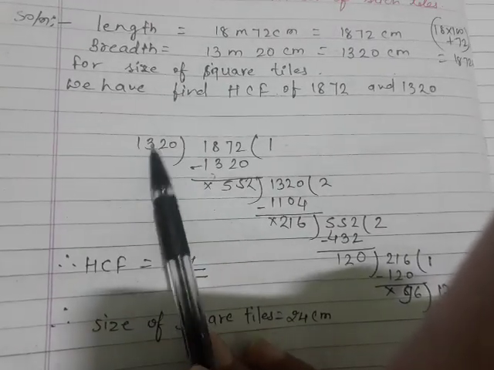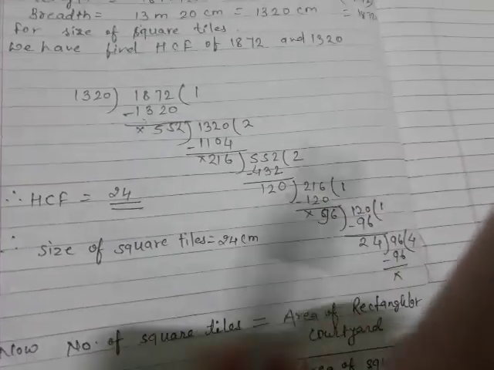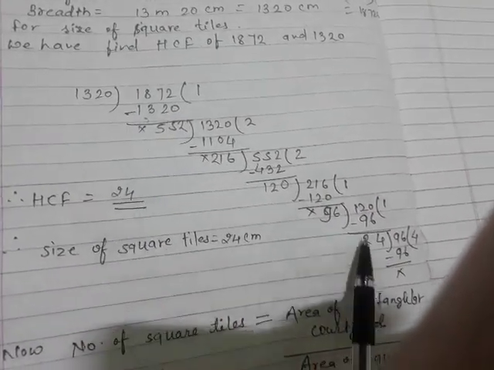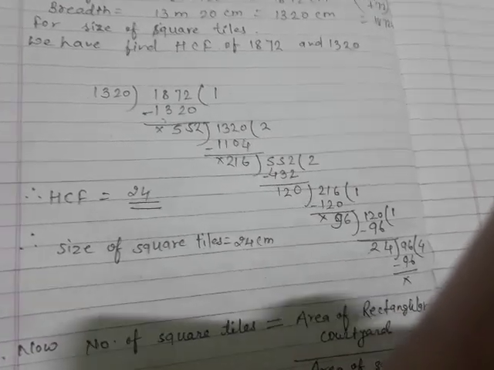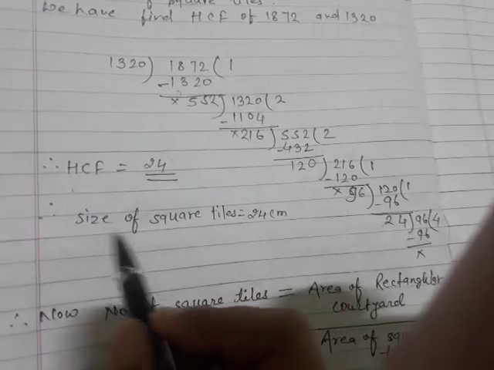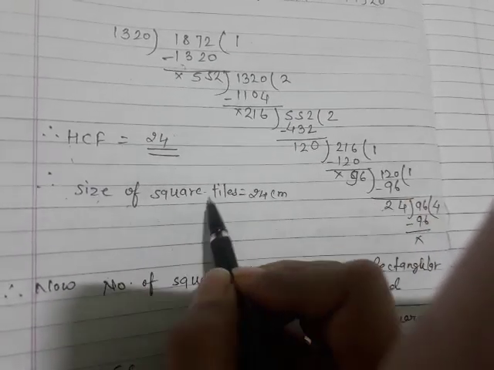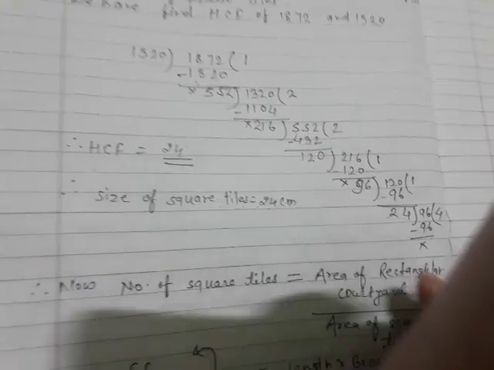I have done this work. Our HCF is 24, so the size of the square tiles is 24 centimeter.